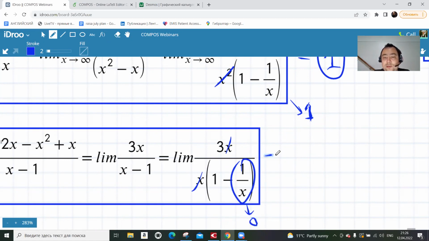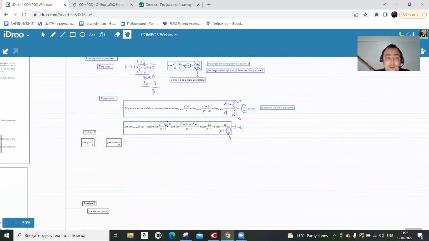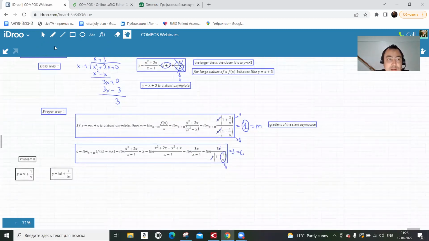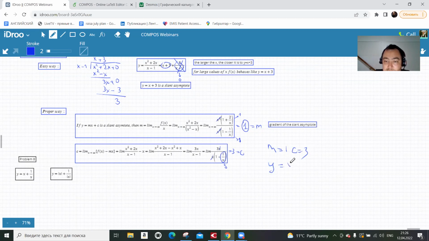So 3 over 1, the limit is 3. And this is the c. So m is 1, c is 3. So the asymptote is y equals x plus 3.